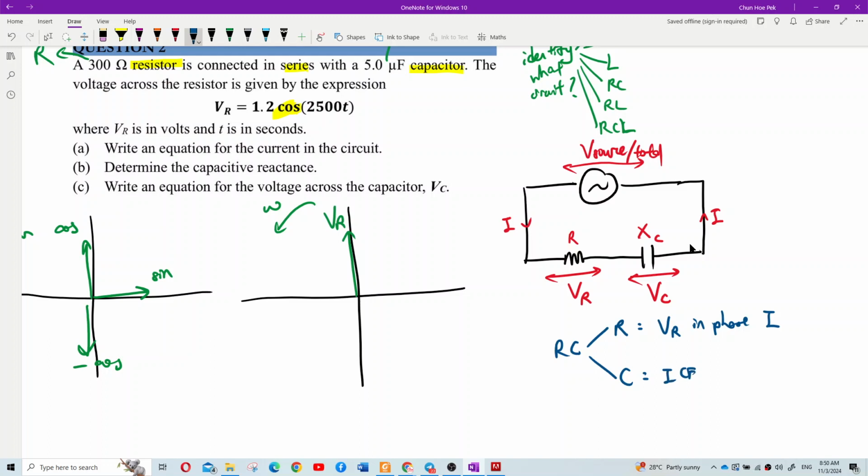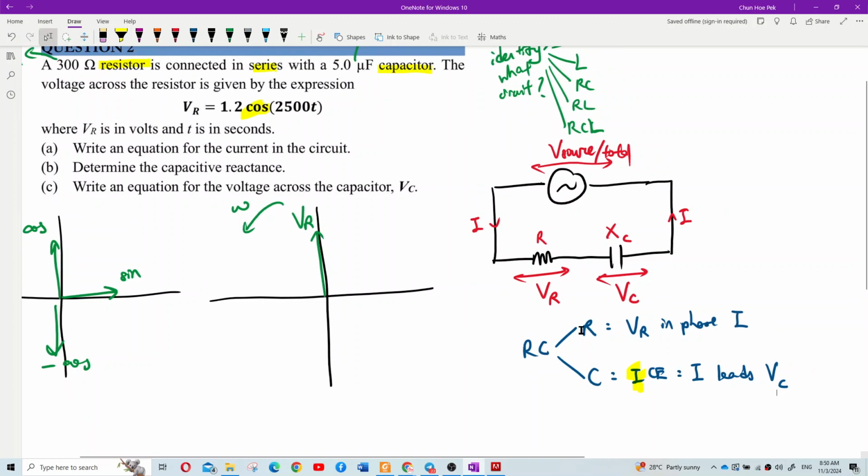ICE. Remember ICE? So siapa leading? Current leading. Remember that? Current leading voltage. So this one current leads voltage C.